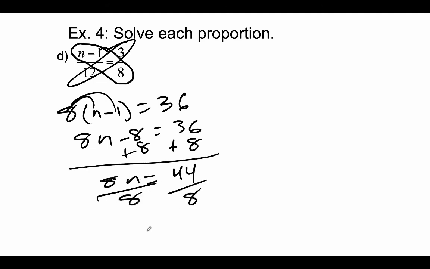Divide by 8, divide by 8. I believe if I plug that into my calculator, it must be 5 and 5/8, which is 5.625. You could leave it as 44 over 8. You could turn it into 22 over 4, which is 11 over 2.